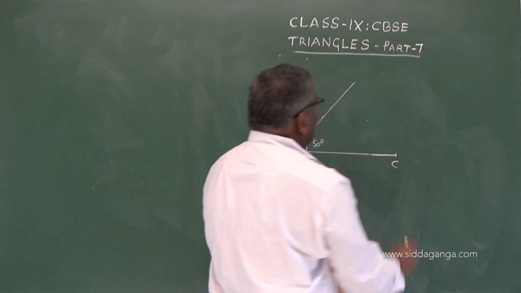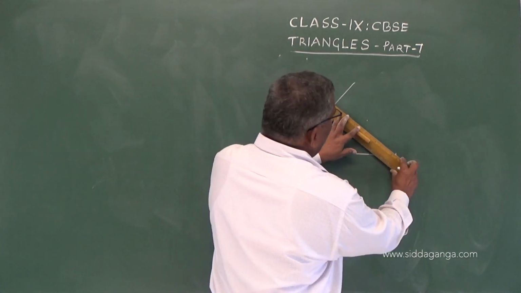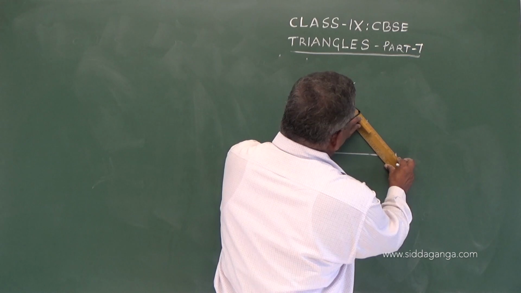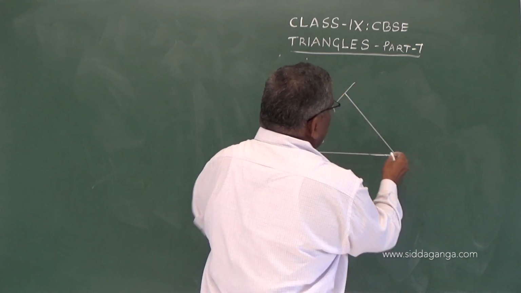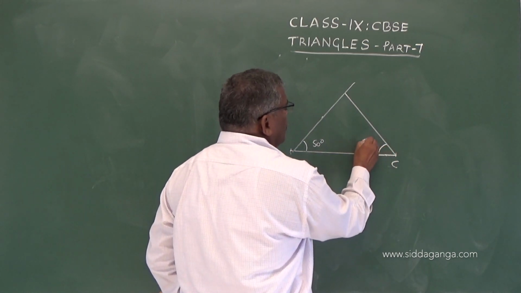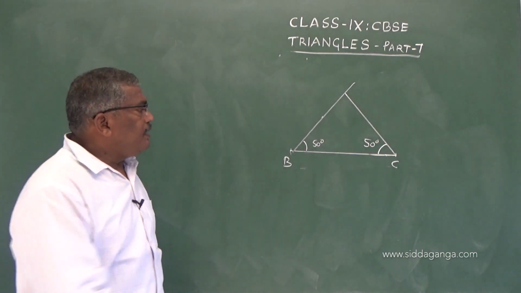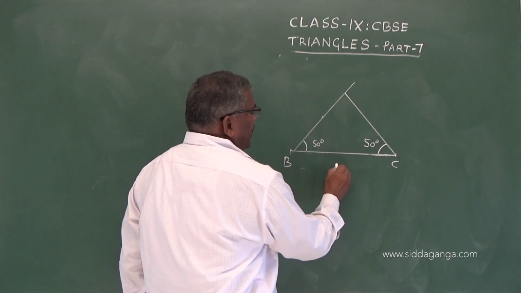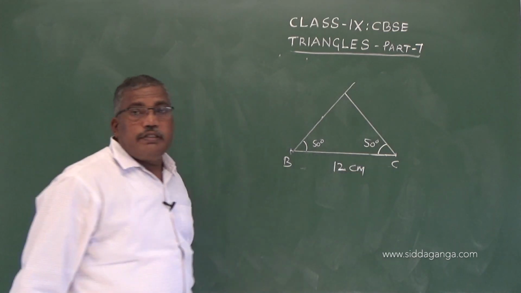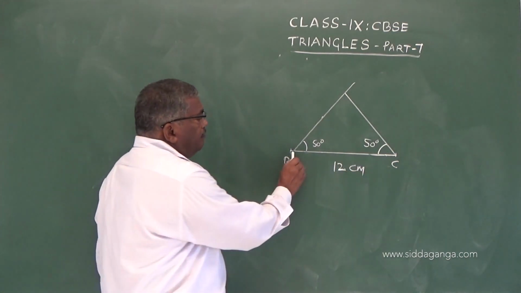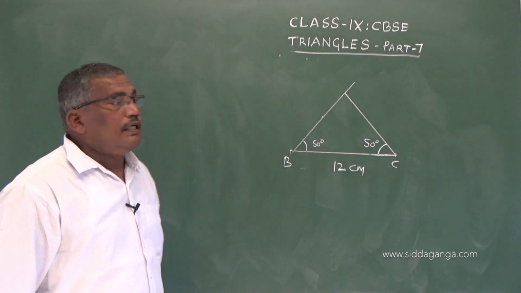Now join this point with C and extend to get a triangle. This is 50 degree. So what I have done, I have taken a base BC, say 12 centimeter, angle B I have taken 50 degree, angle C I have taken 50 degree.